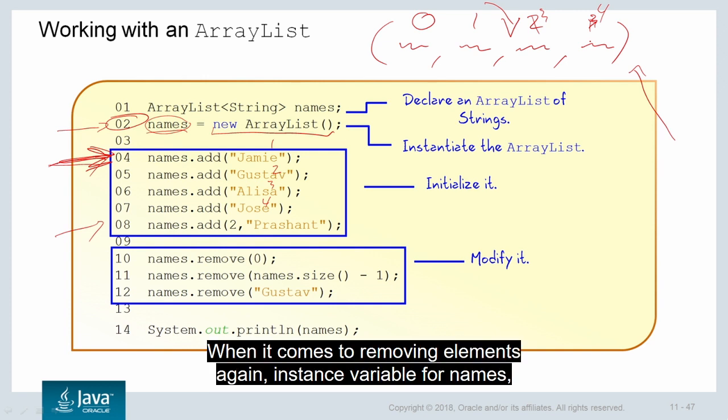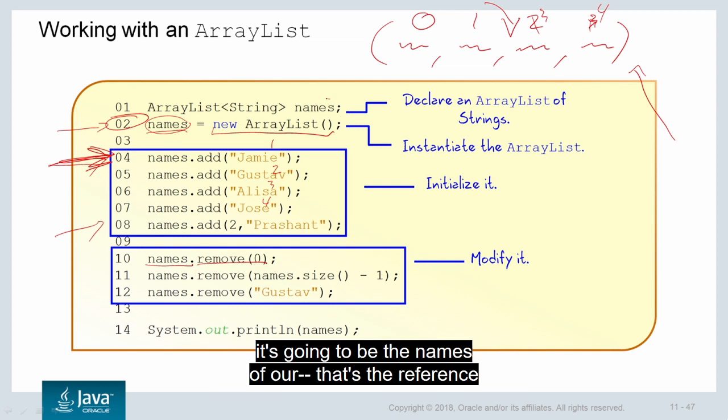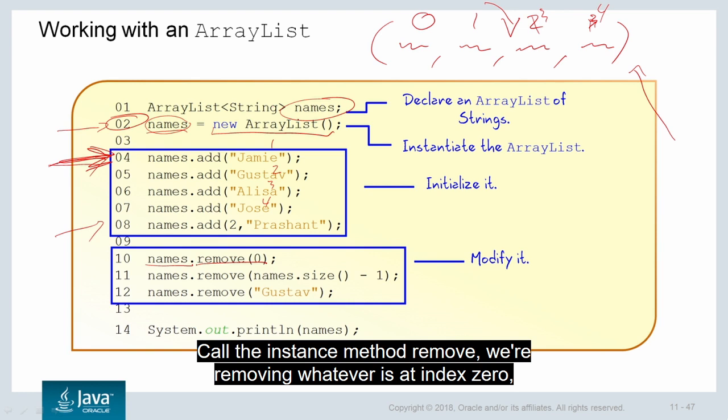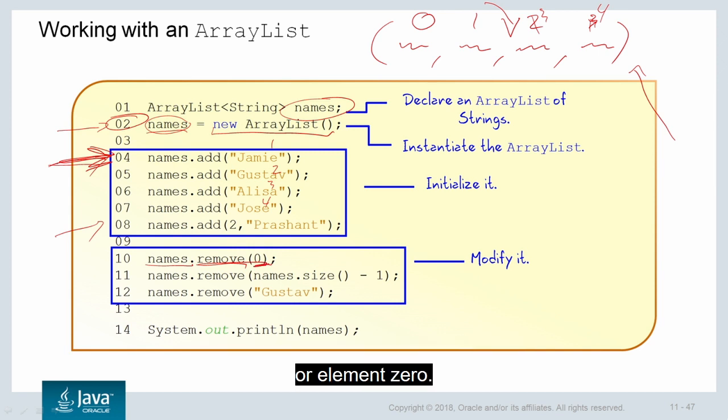When it comes to removing elements, the variable names is a reference variable for our array list, and we call the instance method remove. We're removing whatever is at index 0, or element 0. That's for removing the first element.